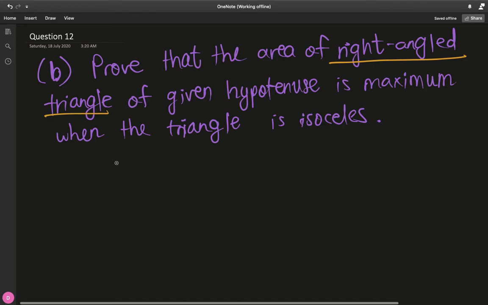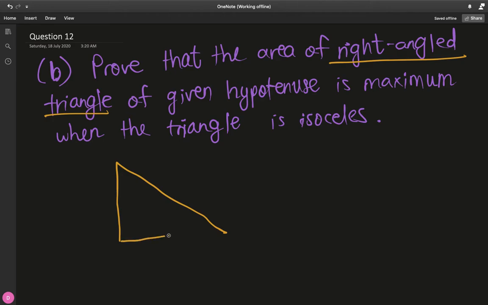So let's draw a regular right angle triangle. We've been used to drawing since trigonometry class. Call one side x, call the other y, and the hypotenuse, call that h, is equal to square root of x squared plus y squared by Pythagoras theorem.